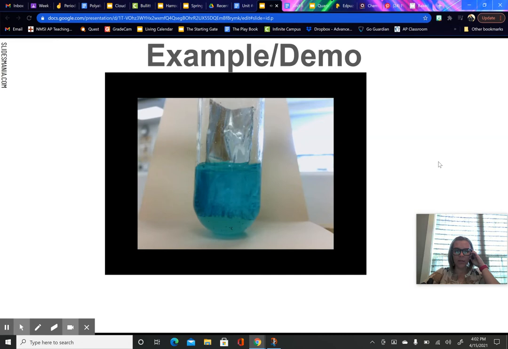Start taking notice of any changes that you might see, evidence of chemical change, and then make sure you write that down on your notes paper. So they just did almost a fast forward.